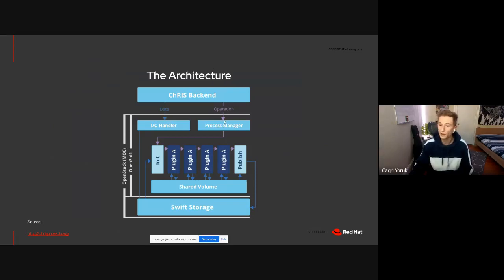What the process manager does is it initiates the process first and takes all the data we have specified from the Swift storage. And then on top of that, it runs the plugins that we specified. And after that, it publishes the output back to the Swift storage. And of course, again, we can pull these output files from the Swift storage back to our local data with this input-output handler.